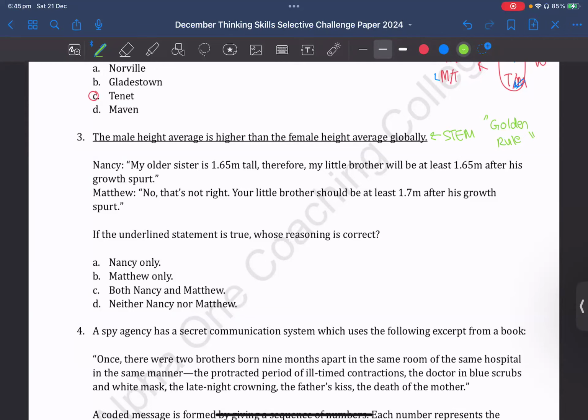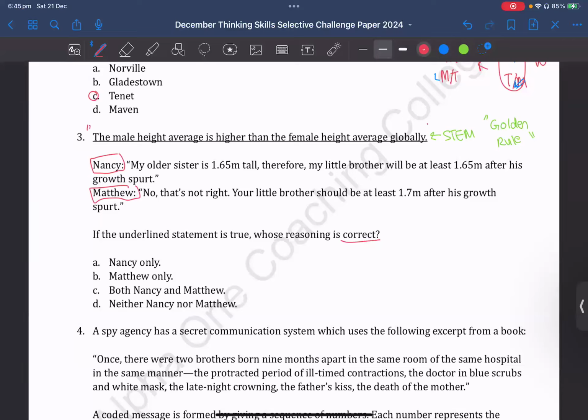And when we go through the question, I know that my 2 people here are Nancy and Matthew. And the question is asking whose reasoning is correct. So I'm just going to keep note of a few key things that we see.